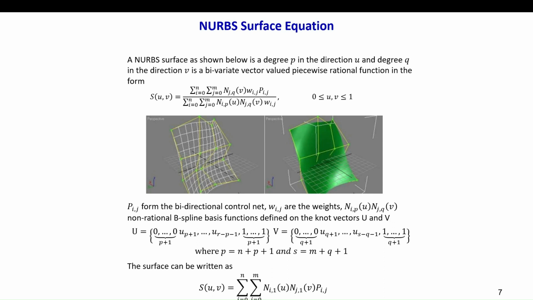Breaking down that equation, the Pij form the bidirectional control net, where Wij are the weights, and Nip(U) and Njq(V) are non-rational B-spline basis functions defined on the knot vectors U and V. The surface can be written as the equation below.